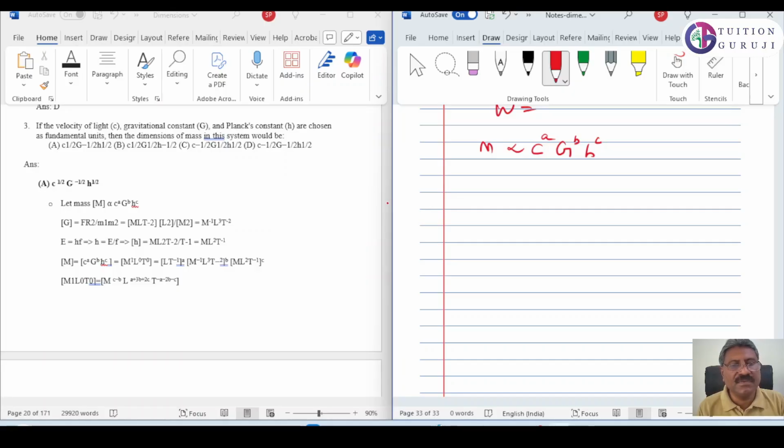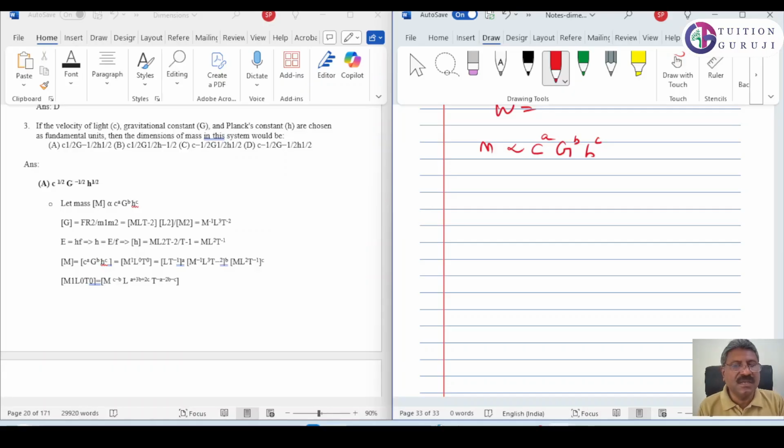G we have to find, because F is equal to G m1 m2 by r square. So G is equal to F r square by m1 m2. F we know is M L T raised to minus 2, and r square is L square, and m1 into m2 means m square.